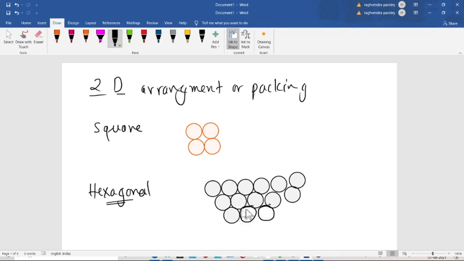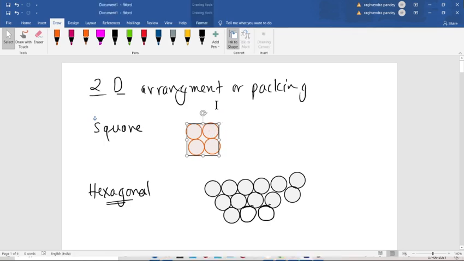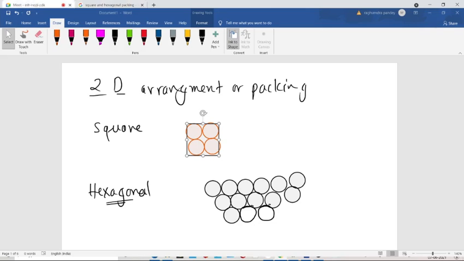So basically this is hexagonal. Now hexagonal, if you see the area, suppose I am making a square. So this is a square.